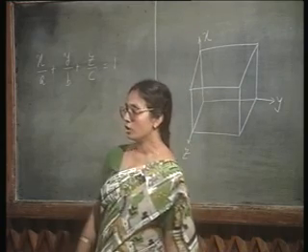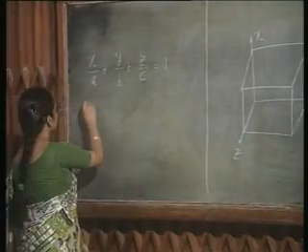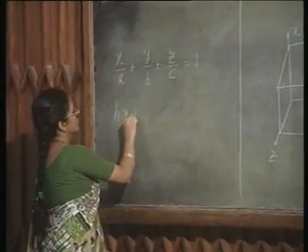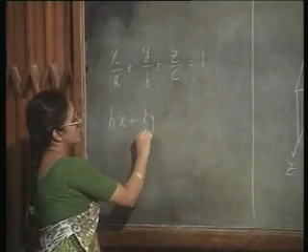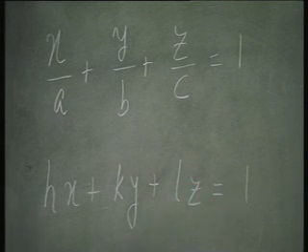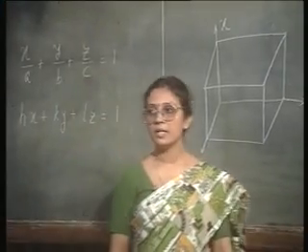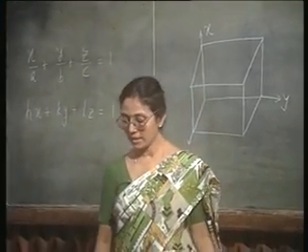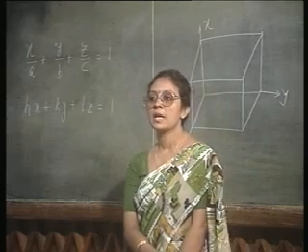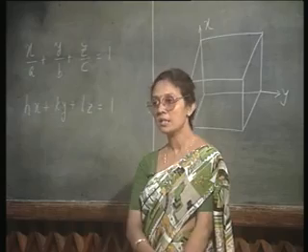I can also define this plane as hx plus ky plus lz equal to 1, where h, k and l are the reciprocal of the intercepts. These h, k, l are referred to as the Miller indices.